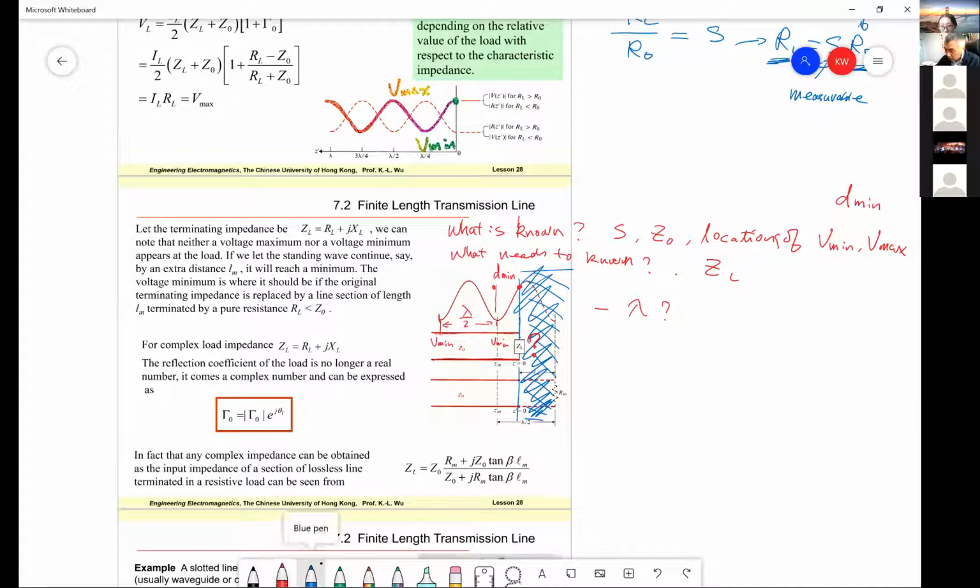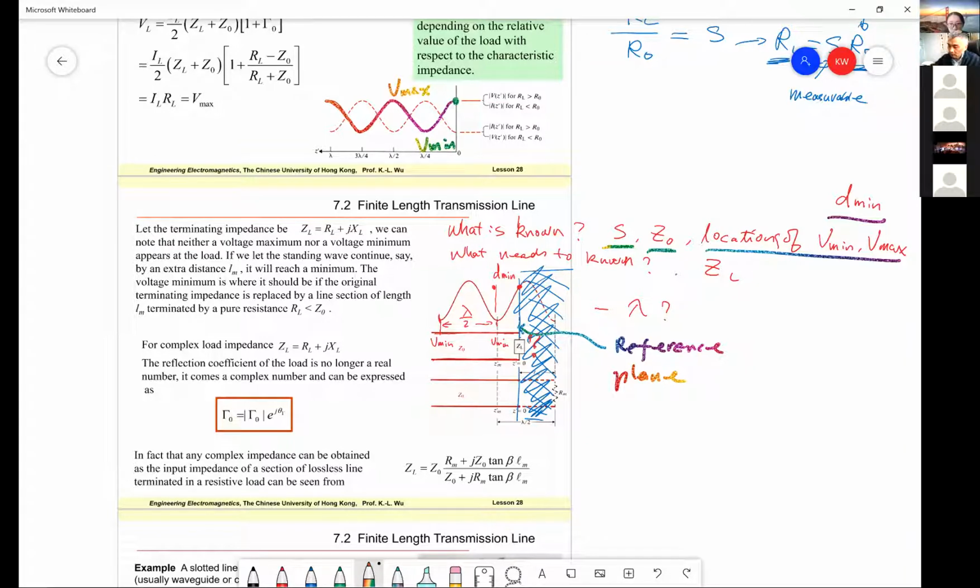This is important. This is my reference plane because I need to find the load. So I know this distance. That's all the things I know: I know S, I know the characteristic impedance, I know the location of this. All this can be measured.